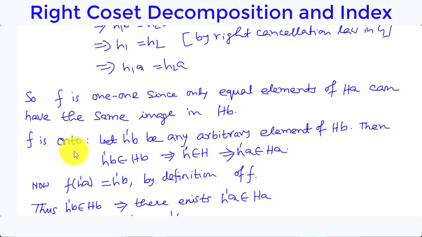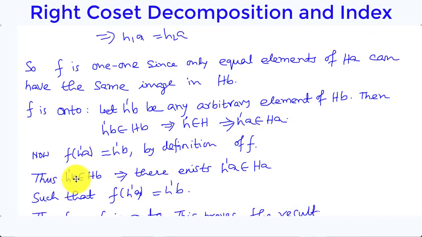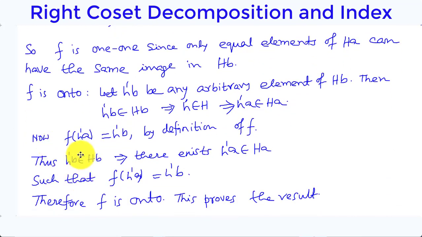f is onto. Let h'b be any arbitrary element of Hb. Then h'b belongs to Hb implies that h' belongs to H implies that h'a belongs to Ha. Now, f of h'a is equal to h'b by definition of f.